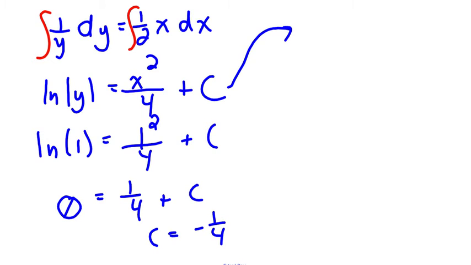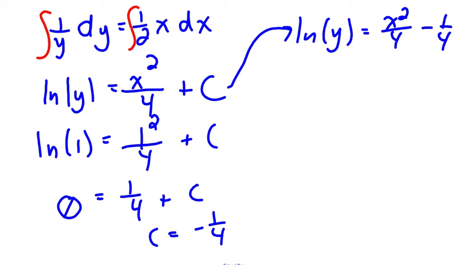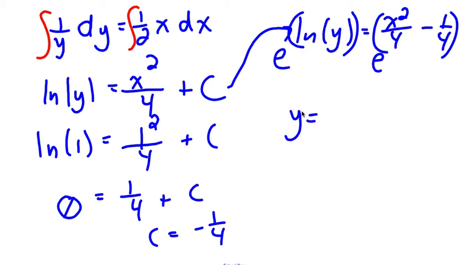So I'm going to come back here and say ln of y is equal to x squared over 4 minus 1/4. We can get y by itself by raising both sides to the power of e. So we know that y is equal to e to the x squared over 4 times e to the negative 1/4.